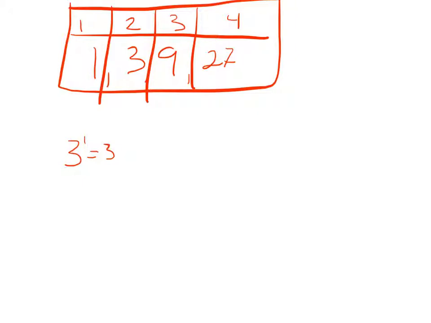So let's try that here. I want to get just a 1, so I'm going to say 3 to the 1 minus 1 will equal 3 to the 0, because 1 minus 1 is 0. 3 to the 0 equals 1.